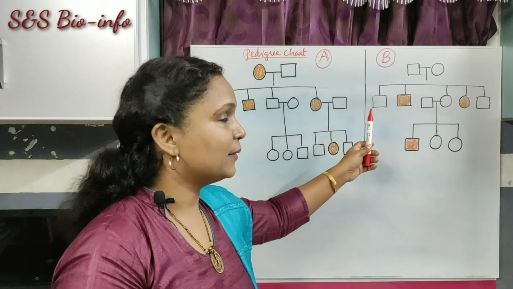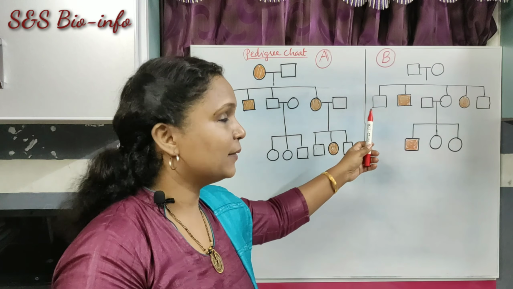In pedigree chart A, you can see the parents, the first generation, the second one, and here the third one. Here the mother is affected, the father is unaffected. They have 4 children.